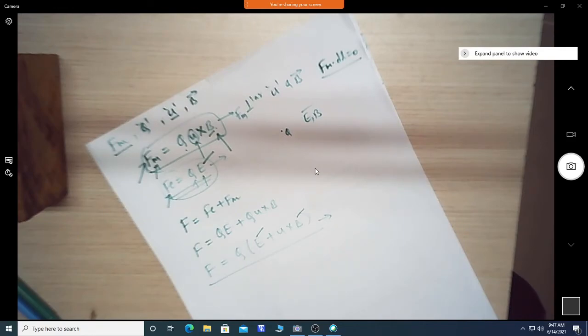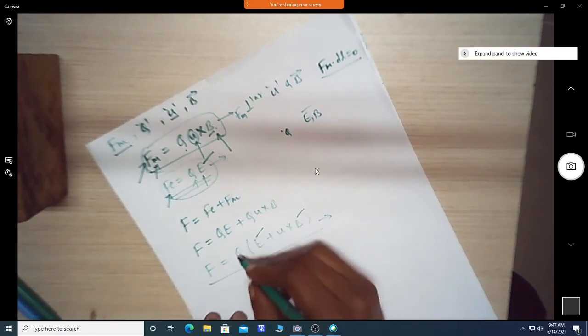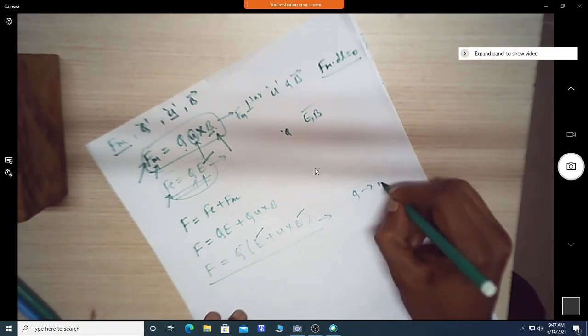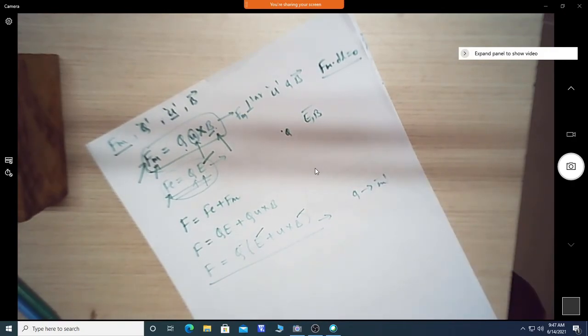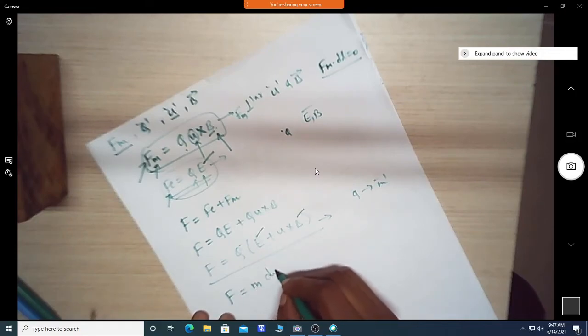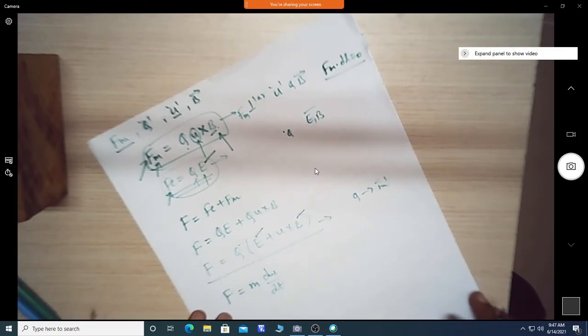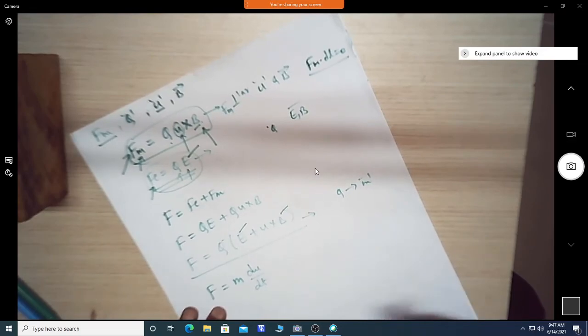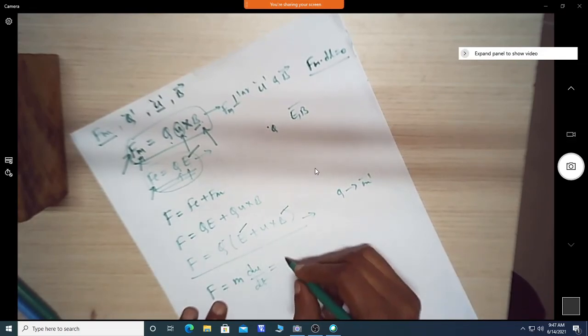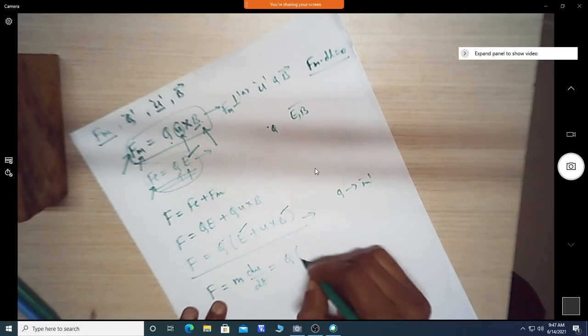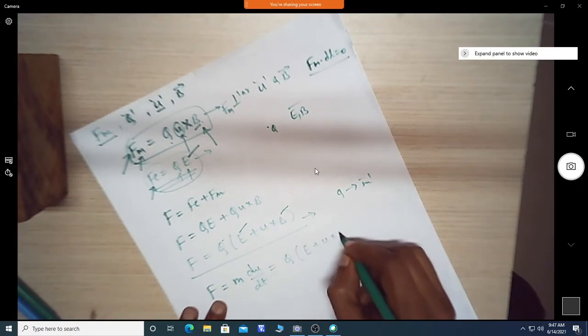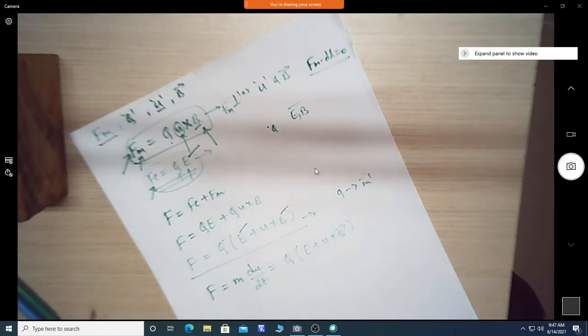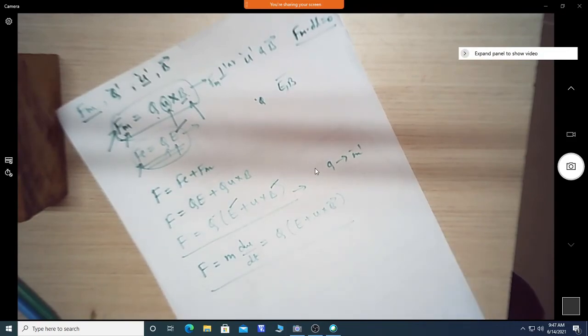According to Newton's law, if we take a charge having a mass m, we can express the force as m into du by dt. Now we can equate this to q into E plus u cross B. That is the equation we can relate.